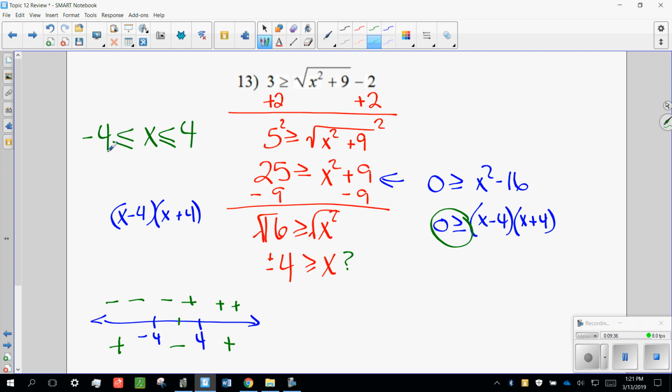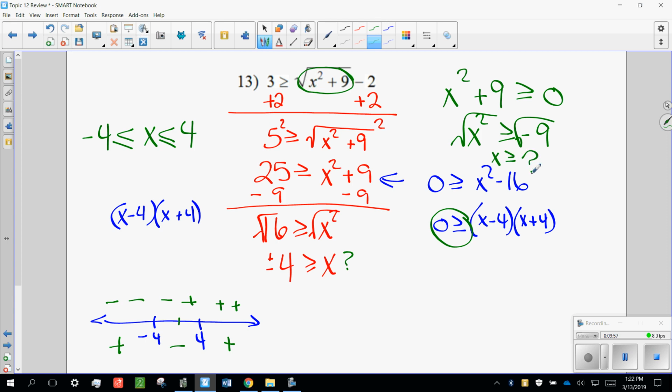And then the last thing, when we have a radical, is to check the radical and say x squared plus 9 needs to be greater than or equal to 0. So x squared needs to be greater than or equal to negative 9. And then when we take the square root of both sides, we get x needs to be greater than an imaginary number. Huh?